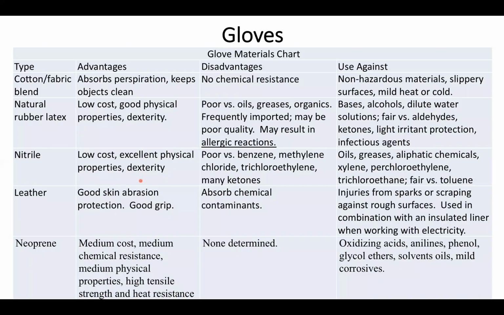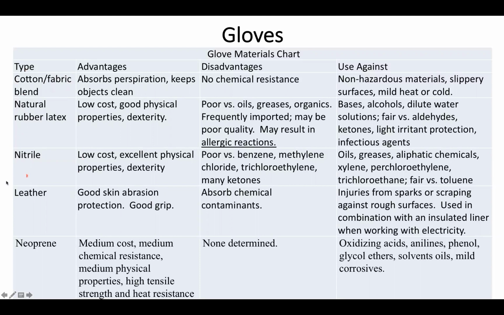I have a small selection of that available here. Some of the things you have to watch out for is something like a simple cotton glove provides no chemical resistance, and while it might be good for heat or cold resistance, what it will often do is absorb a lot of chemical solutions and hold them against your skin, which means that sometimes a cotton glove may be more dangerous than no glove at all.